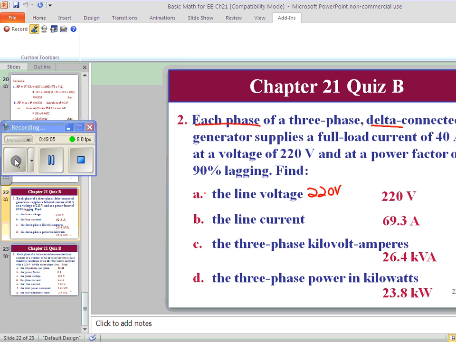If the line current is 40 amps, we're going to divide by square root of 3 to get our phase current, right? So 40 divided by 1.7321, 23.09.